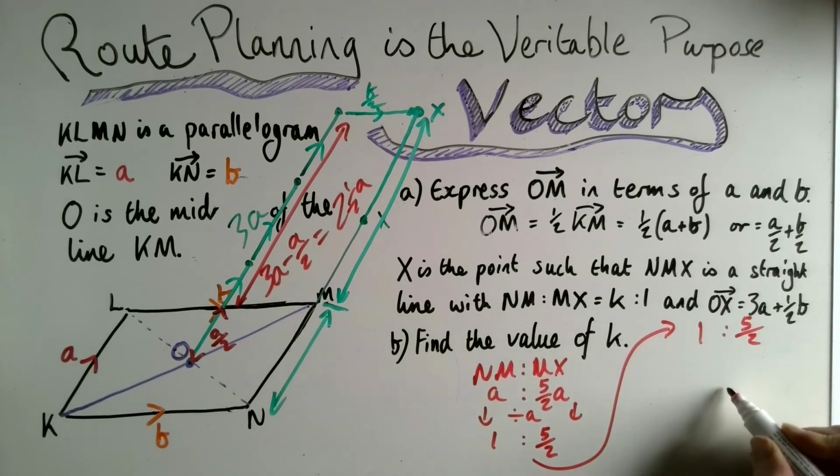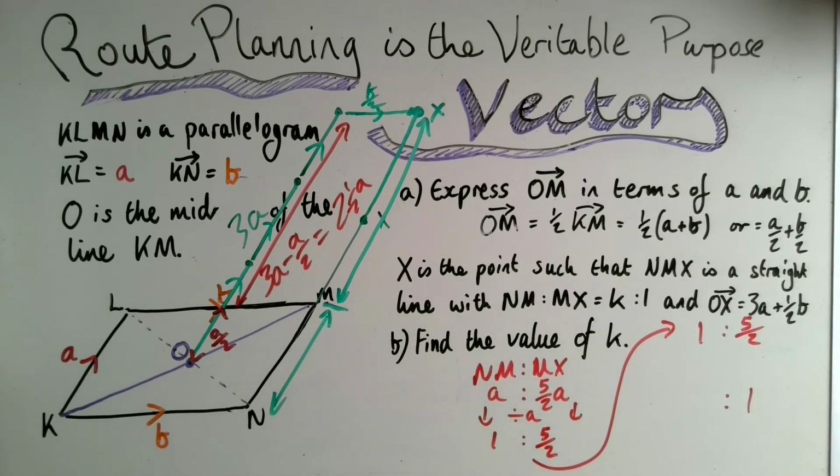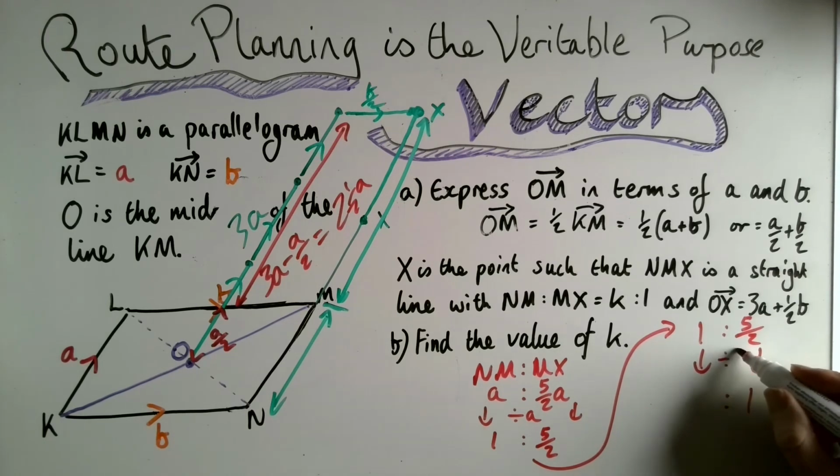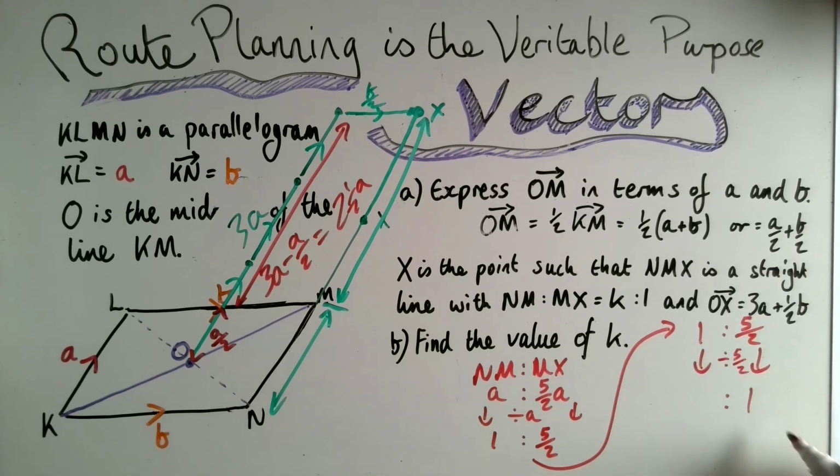Now we need to get it to something to 1, because that will give us our value of K. So all you need to do there is divide by whatever the value is you've got here. So if we divide by 5 over 2, that's going to give us 1 divided by 5 over 2. Well, stay, change, flip means we've got 2/5 to 1. So therefore, K equals 2/5 or 0.4.